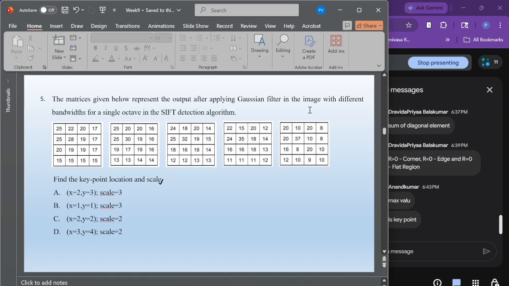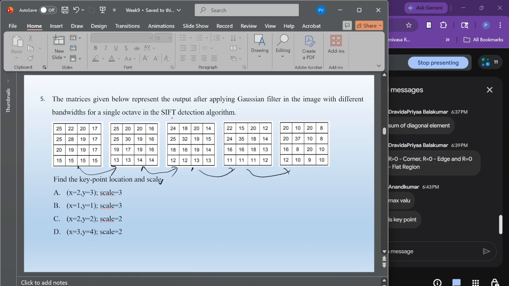For that we need to subtract each matrix from the one that follows it. That means subtract this matrix from this one, and subtract this matrix from this matrix, like that. Okay. So now we will focus on the middle layer.